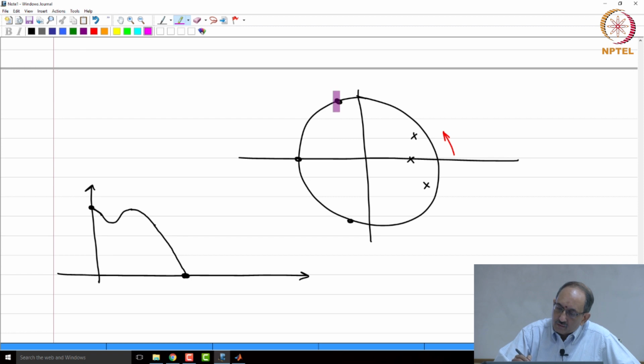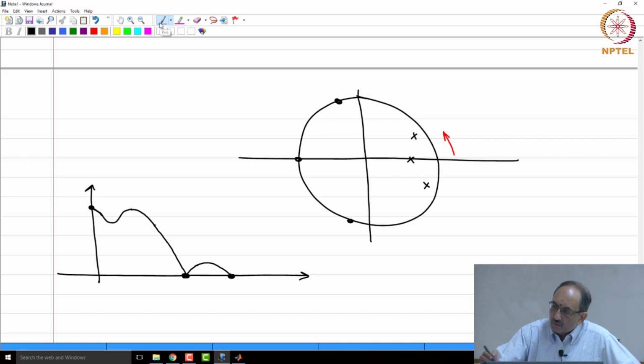Then I go past this 0. When I go past this 0, the gain will increase, and I keep going, and when I hit omega equal to pi, the gain again has to go to 0. Therefore, the response will be like this.